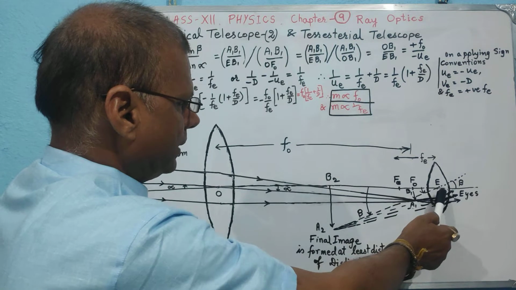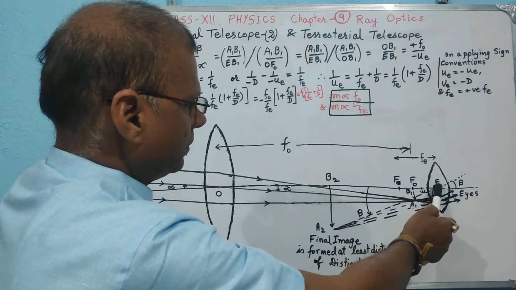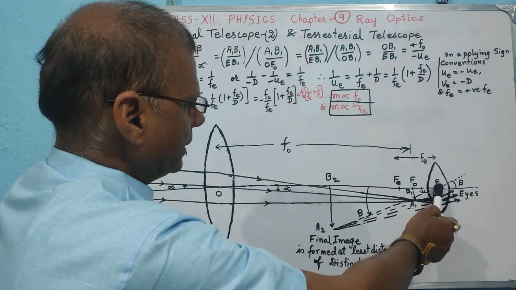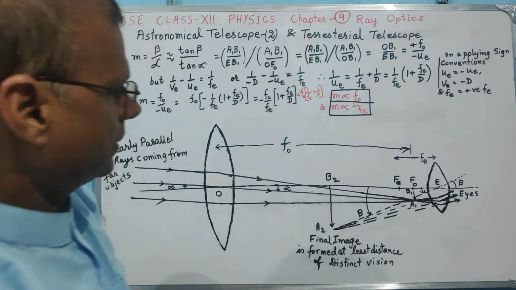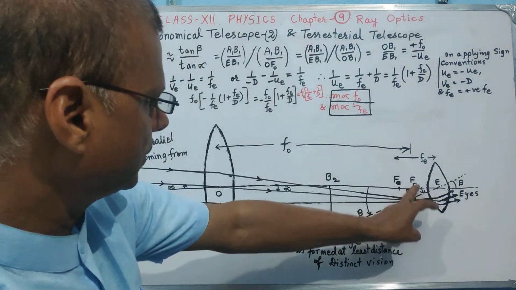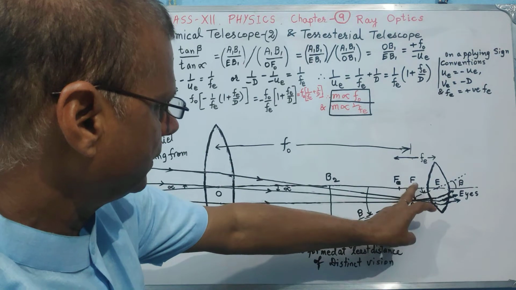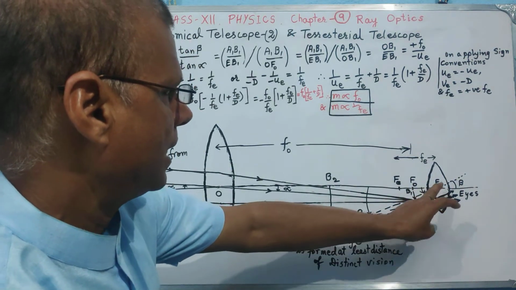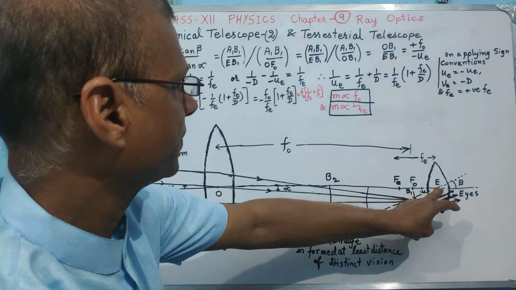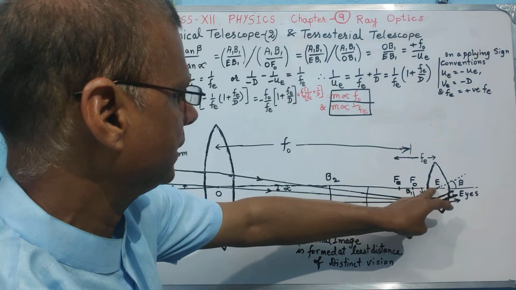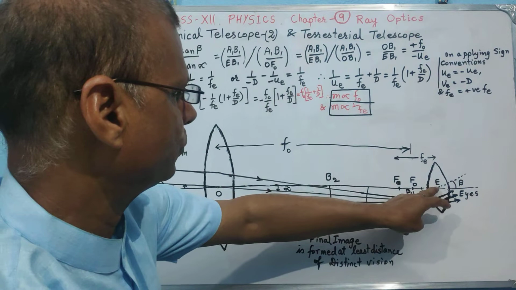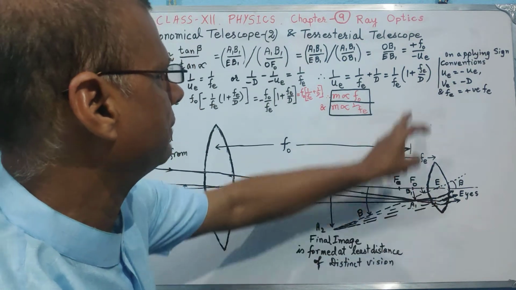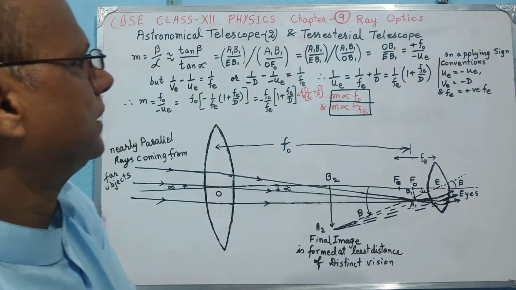This image A1B1 serves as the object for the eyepiece, and therefore the object distance for the eyepiece is EB1, and that is negative, so we have minus UE.